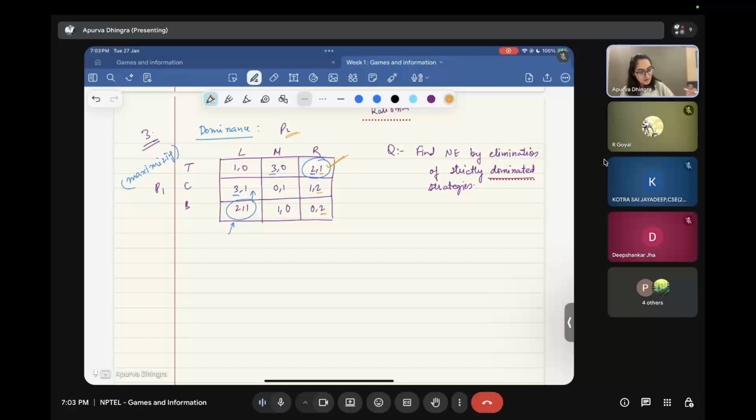Now, as a part of this question, we are being asked to use the method of iterated elimination of strictly dominated strategies and then see what we get. So let's take a recap of what these things are.